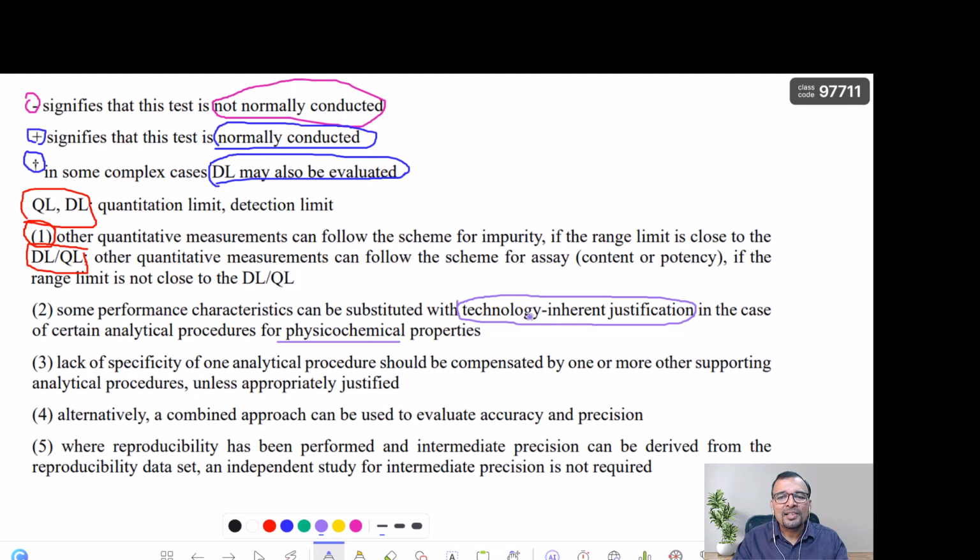So the technology alone can help me to conclude that yes, if I'm using the MS and I know the mass number is coming so and so, then this is going to be a paracetamol molecule or this is going to be a mesalamine molecule.